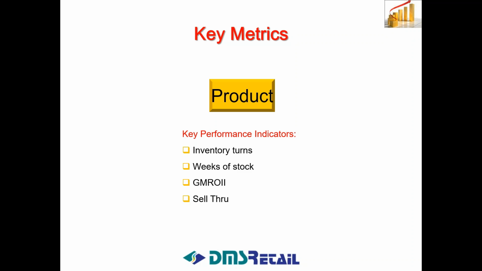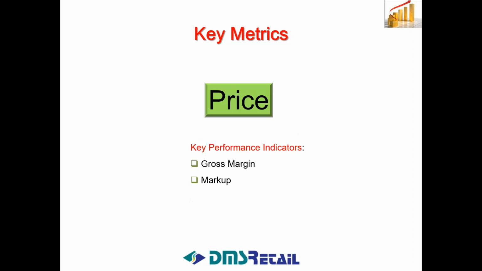So you use sell-through to follow the desirability of the merchandise so that you don't get stuck with merchandise that is not going to sell, that is out of fashion. And so sell-through is a good indicator and a good key performance indicator as far as the product is concerned.